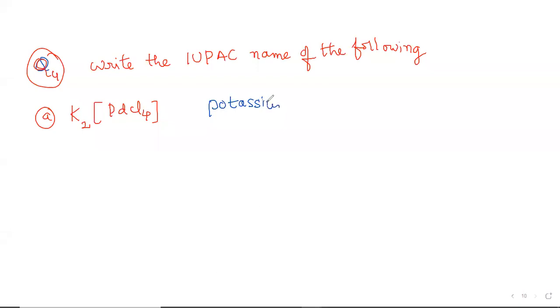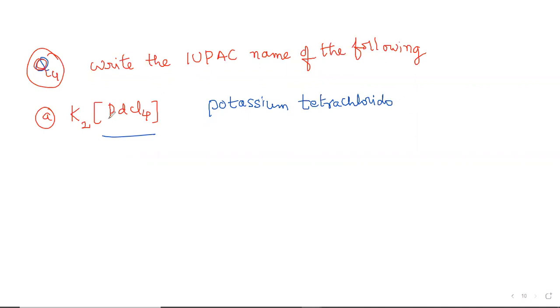But the square bracket coordination entity has to be written continuously in this. There are 4 chlorines, so definitely we write it as tetrachlorido.